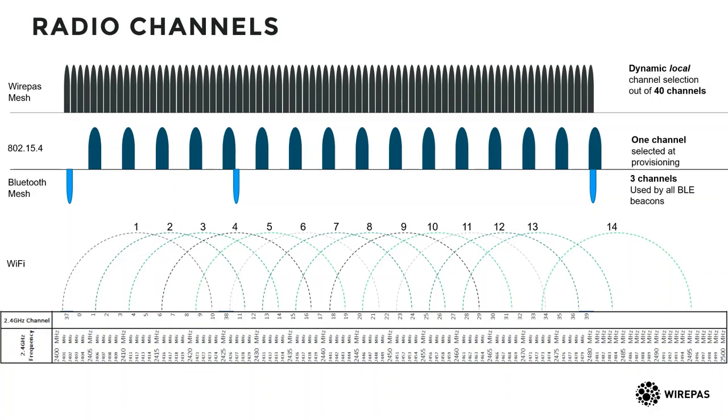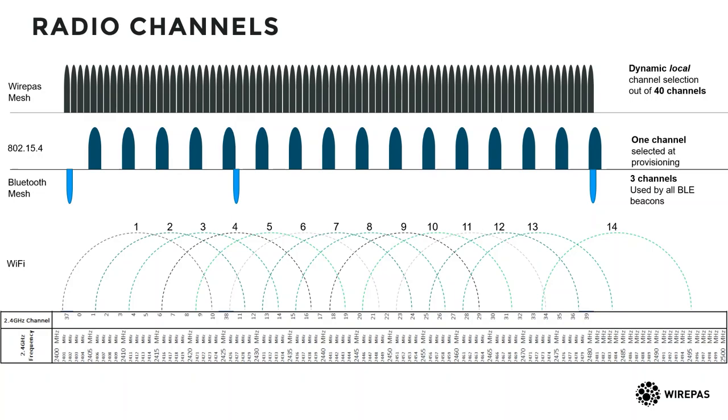So when we take a look at the 2.4 gigahertz spectrum, it's broken up into different channels, depending on what technology you're using. So Wirepas, we use 40 different channels spread out on a 2 megahertz spacing, and they're 1 megahertz bandwidth per channel. So 1 megabit per second is what we're using.